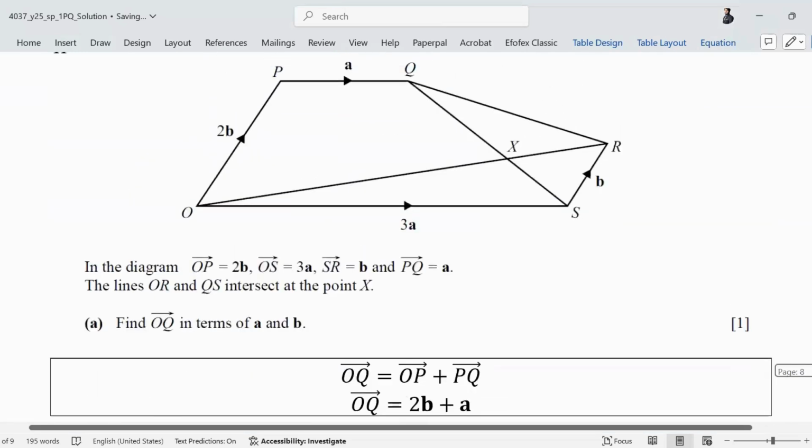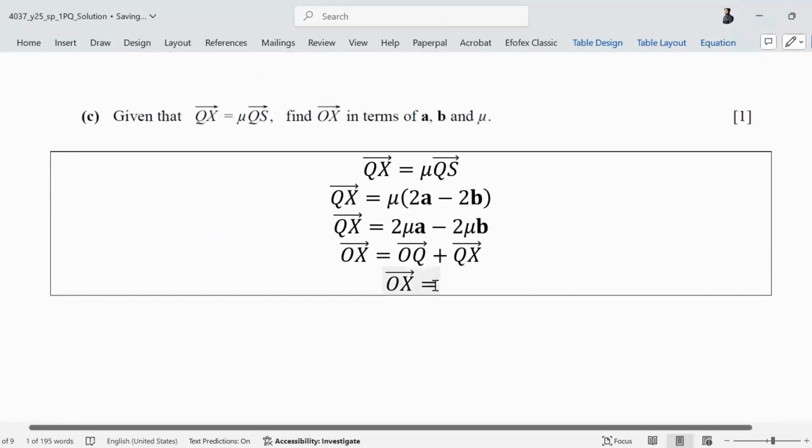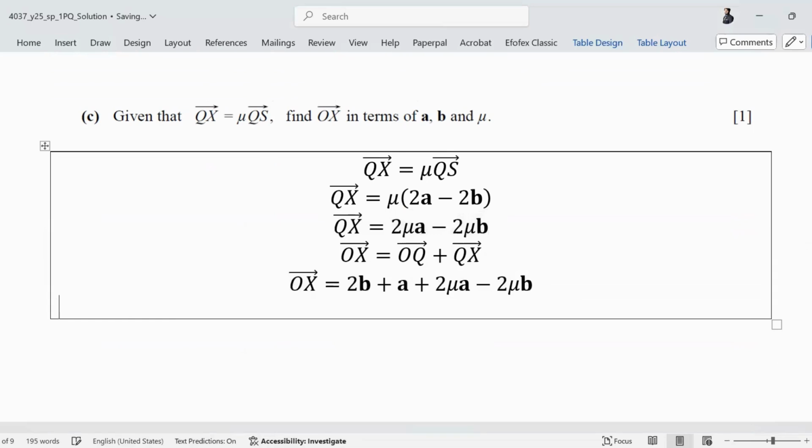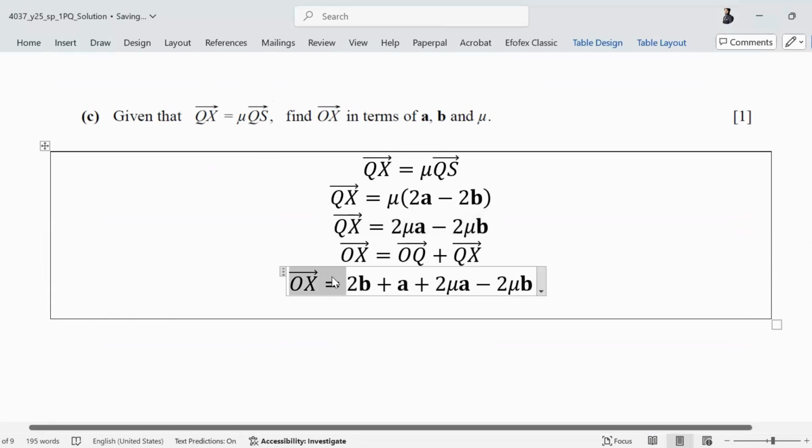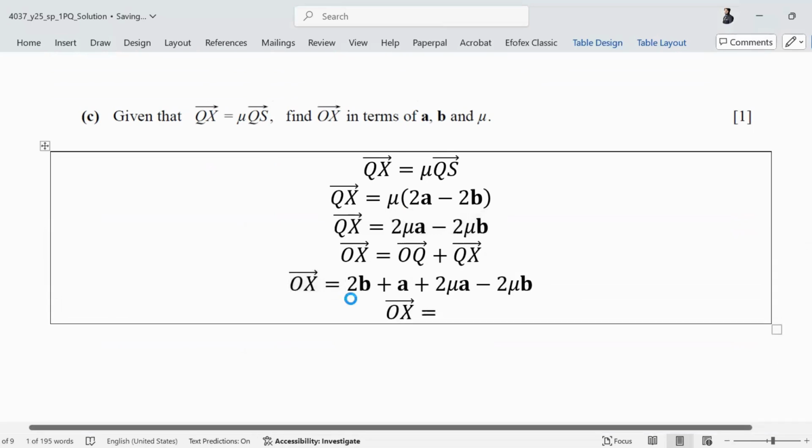So in order to find OX, I do know OQ as well. Where is OQ? Might look a bit lengthy, but trust me, this is just to help you understand. OQ is 2B plus A, and QX is this. So for OX, I'll just write the A parts separately.